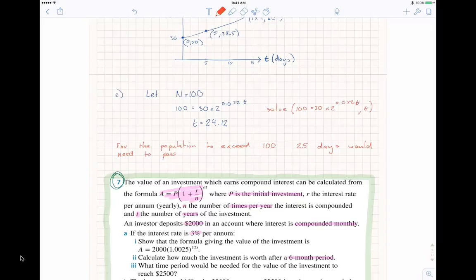So for the population to exceed 100, more than 24 days would have to pass. So when we round it up, we've got to say that 25 days would need to pass.